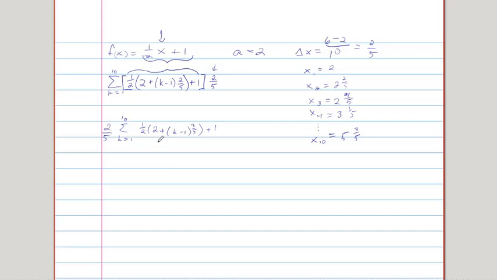Alright, let me see if I can simplify even more. It would be nice if I got rid of all these parentheses. Let me start that process. 2/5. I'm going to multiply in the 1/2. So I've got a 1 plus 1/2.